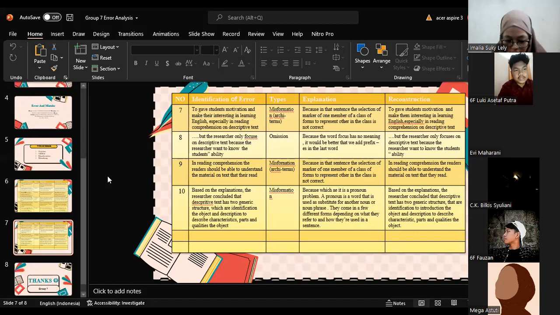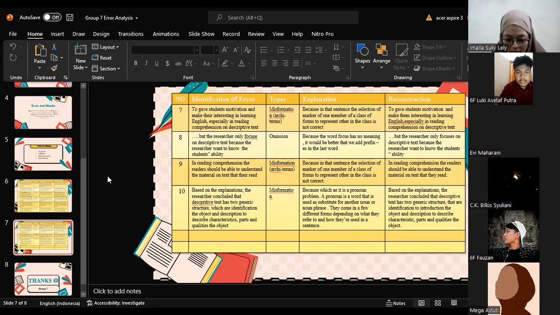Explanation, because in that sentence, the selection of marker of one member of a class of forms to represent other in the class is not correct. Reconstruction, to give students and make them interesting in learning English, especially in reading comprehension on descriptive text.